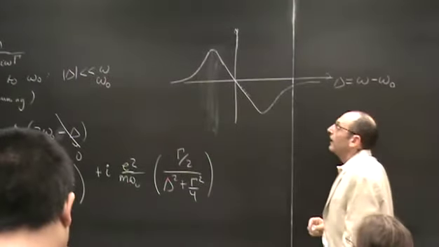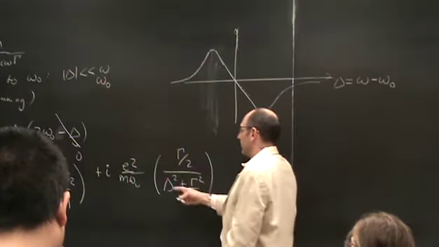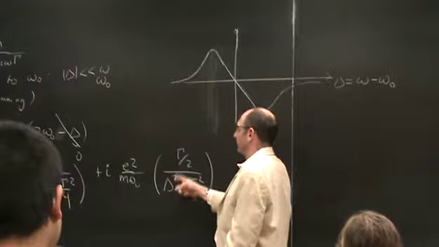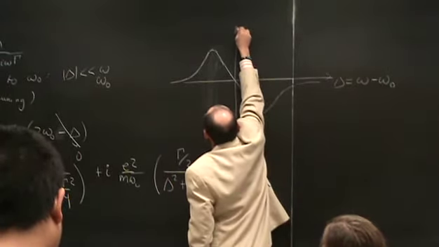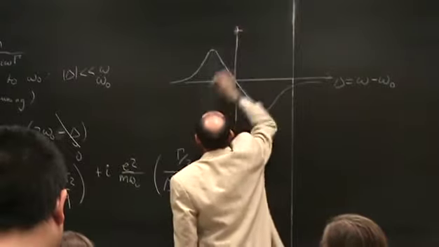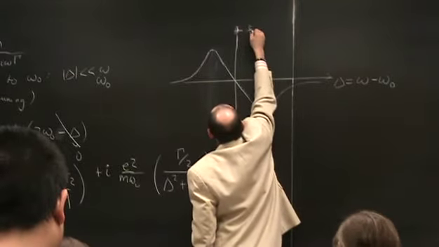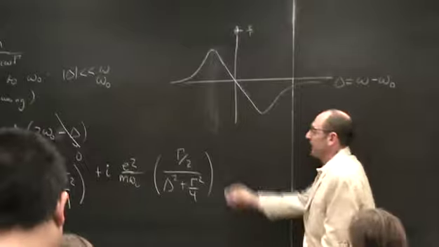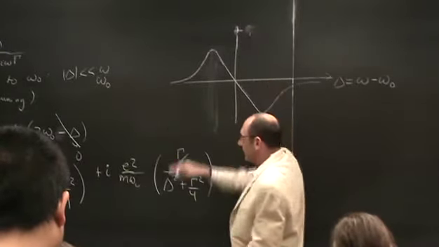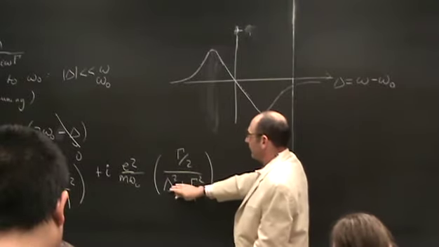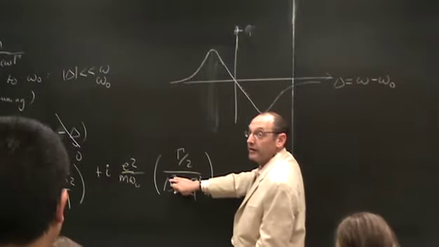Okay? This function, when delta is small, is some constant. That constant is, whatever it is, 2 over delta times whatever this thing is. It's got some constant value, it doesn't really matter what it is. And then when delta is really big, it falls off like 1 over delta squared.